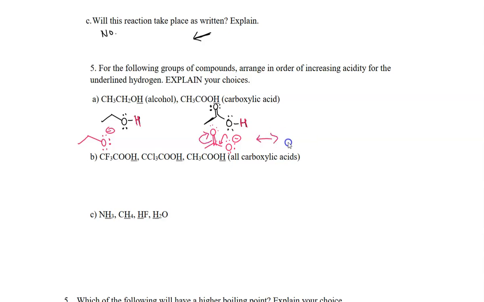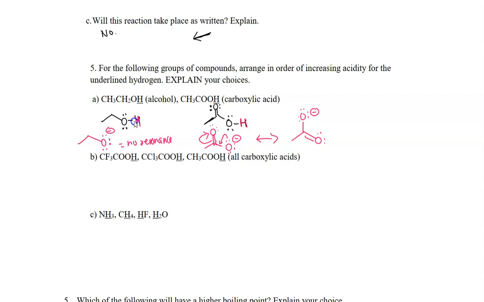So this conjugate base of the carboxylic acid can exist as a resonance structure, where the negative charge is now present on this oxygen, and we have a double bond to the oxygen that's shown here. Whereas in this case, no resonance structure is possible for the conjugate base.